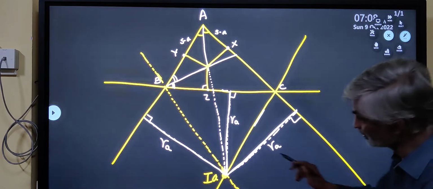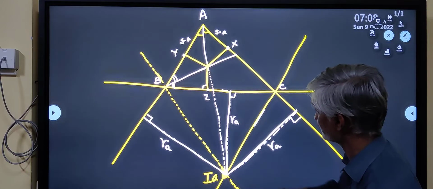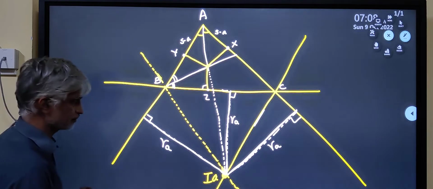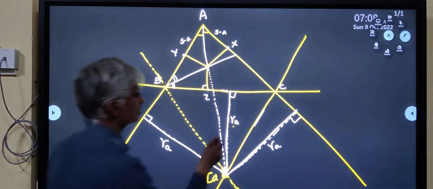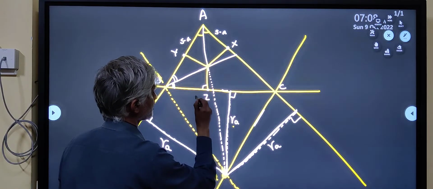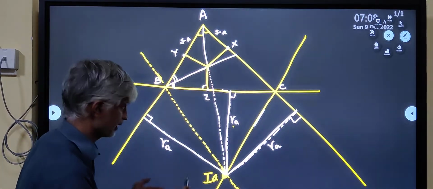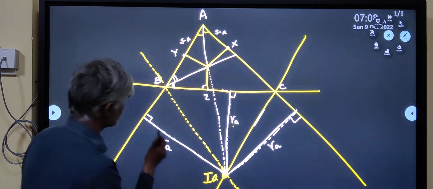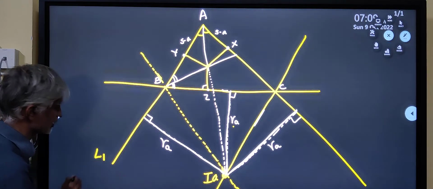And immediately please notice, or maybe just wait for some time. Now what we will do is we will keep our compass here and take the radius equal to RA and draw a circle. But okay, I think we can do one thing immediately before this. Notice that this point is equidistant from this line. I don't know what to call this. Okay, let me just call it L1.